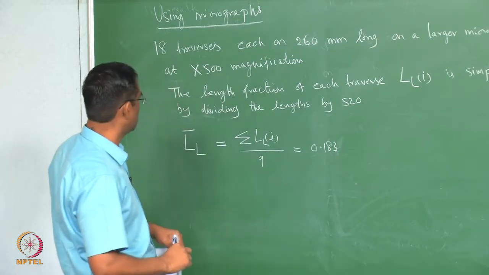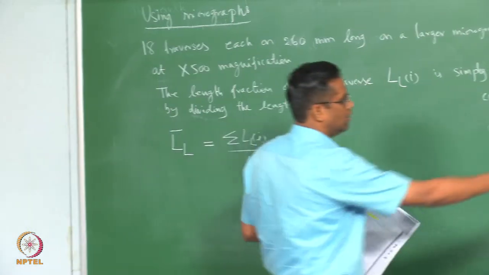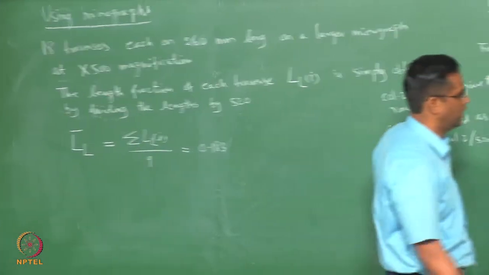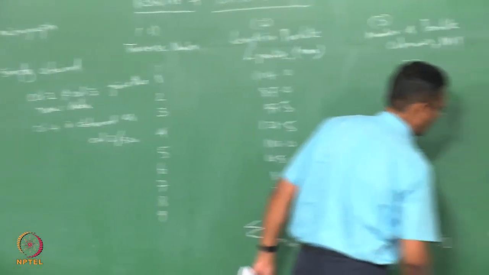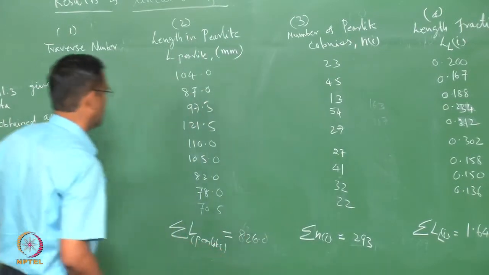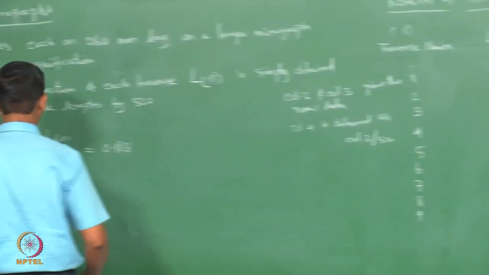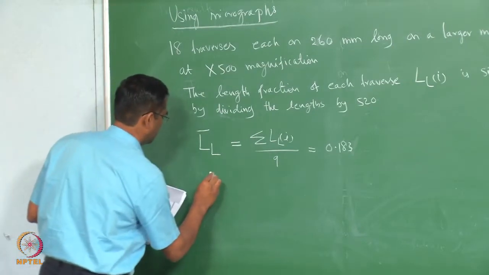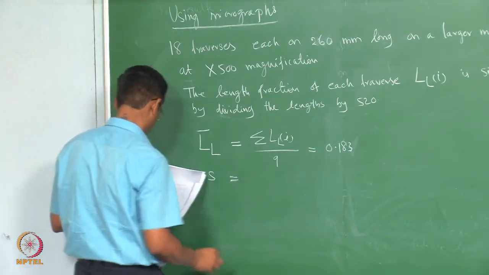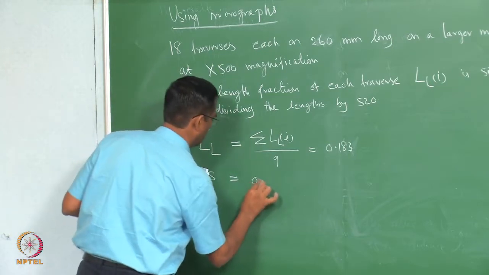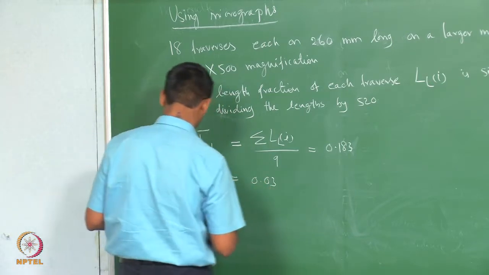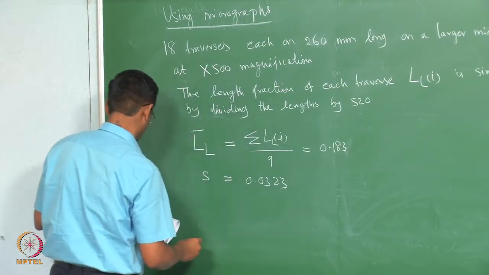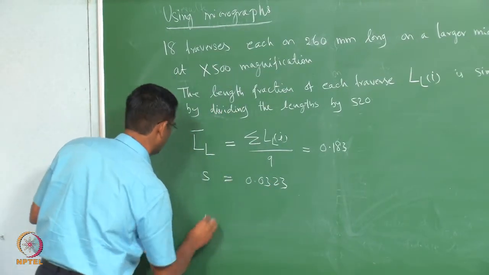What we have got there is 1.1648, this summation over LLi divided by 9, and then we can calculate the S, which is nothing but 0.0323, and then the standard error.